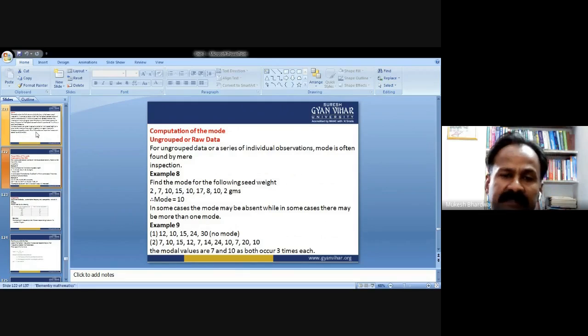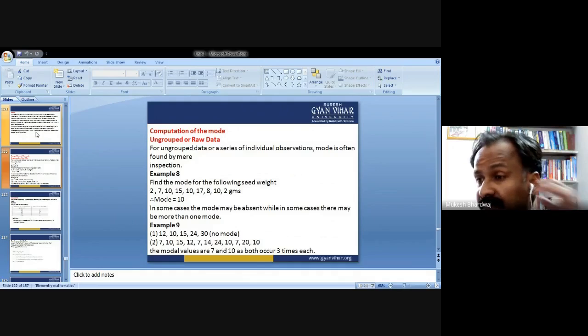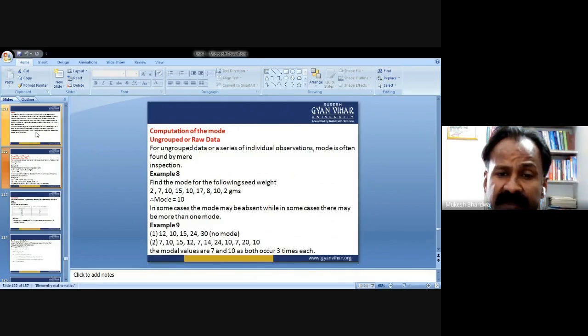According to the definition, the number with the largest frequency of repetition is known as the mode. If we inspect the series, we find that 10 is repeated thrice, 2 is repeated twice, and 7, 15, 17 and 8 once each. So the mode for the given data is 10.